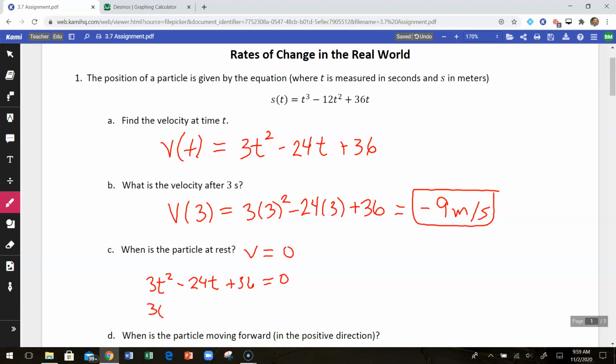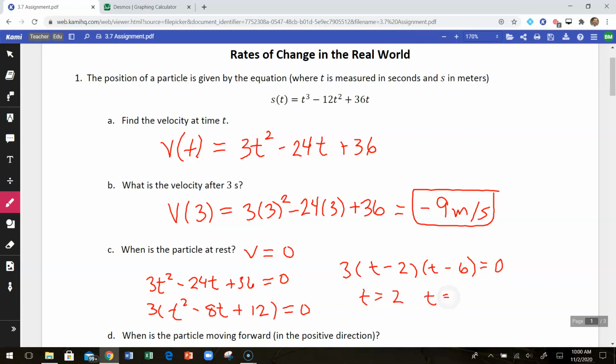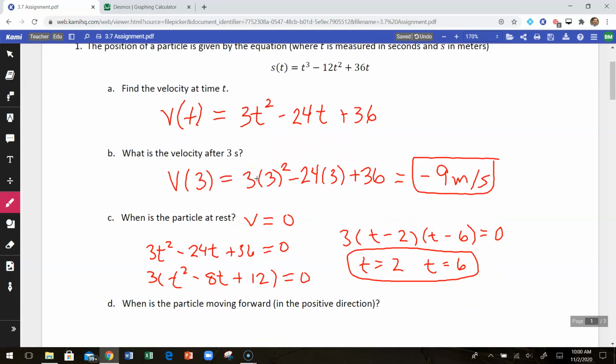The first thing I would do is factor out a 3, which gives me t squared minus 8t plus 12. And then I could continue to factor that, which gives me t minus 2 and t minus 6. Which means the particle is at rest at time 2 and at time 6. So at 2 seconds and at 6 seconds, this particle will be at rest.